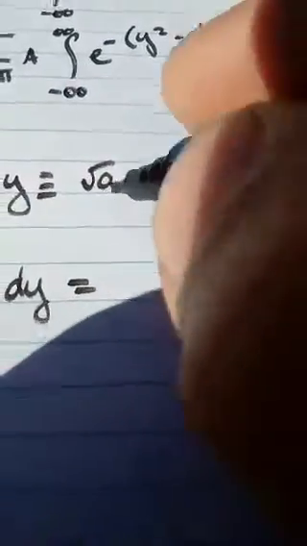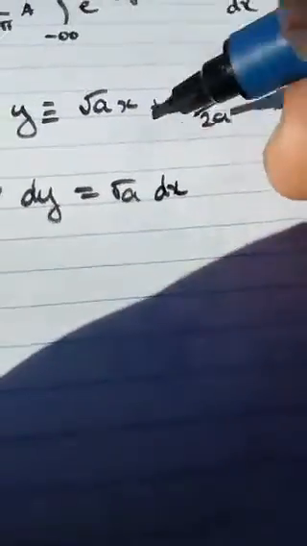This implies that dy, the speed of y, is going to equal, and this is just basic derivatives now, the derivative of this would just be root a, and the derivative of that is 0. So it equals root a dx. In other words, the speed of y relative to the speed of x is root a times dx.